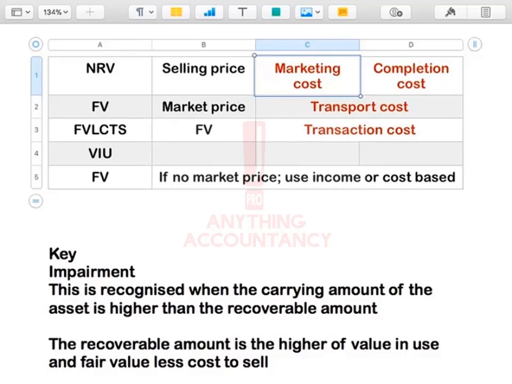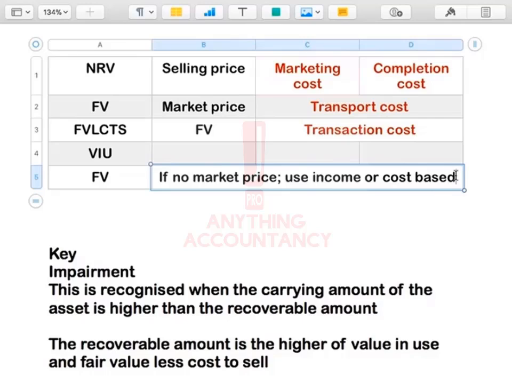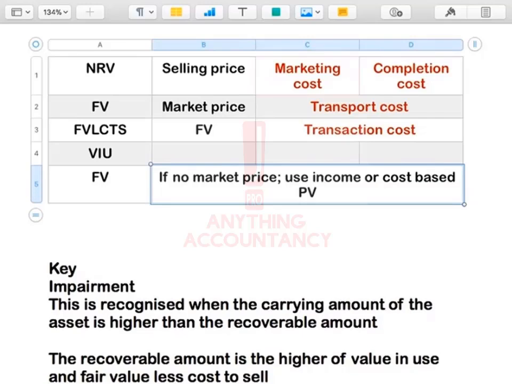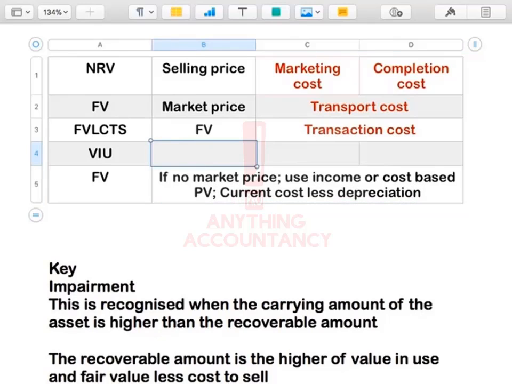Clear? Not clear? So you could then use PV. There are a few ways you can do it. Does that make sense? So you have to be careful with that fair value term. It's not so straightforward. Value in use is just one term.